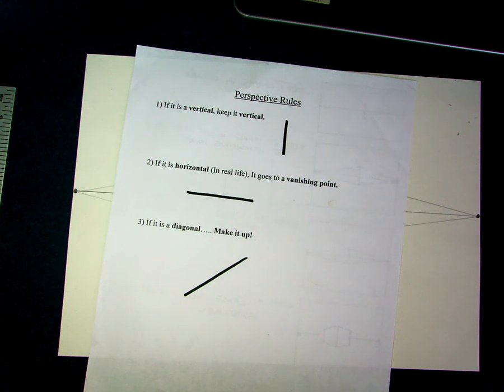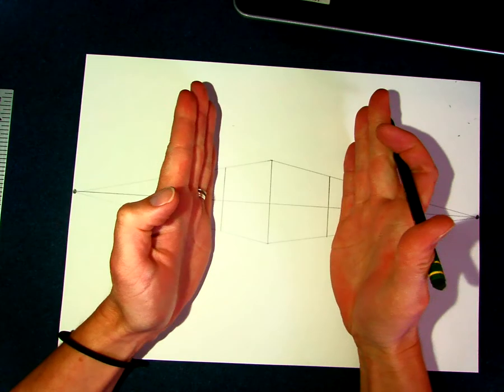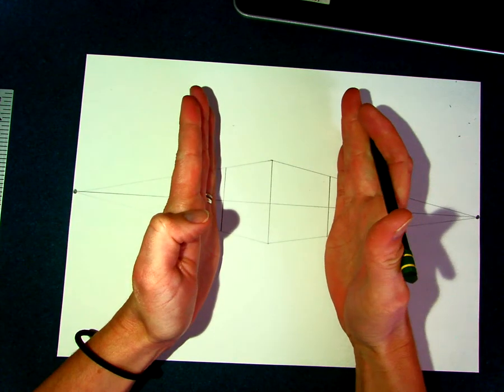Now that is true in 1-point perspective on the side of the building that faces the street, but not so true on the side that faces the viewer. So that rule number 2 changes with 1-point perspective in that respect. And if it's a diagonal, you make it up. So you're going to hear me say these things a lot, and that's one thing you can say: am I drawing a vertical, a horizontal, or a diagonal? If you can answer that question, then you know how to make the line. Okay? So these sides are vertical, so I'm going to keep them vertical.